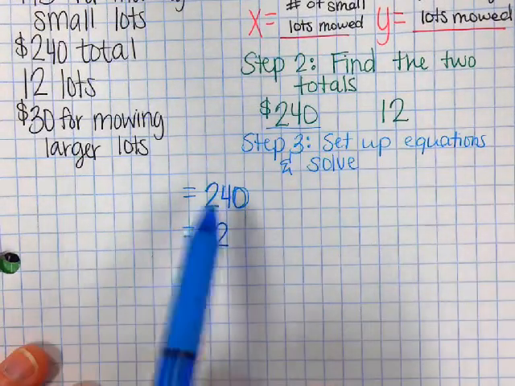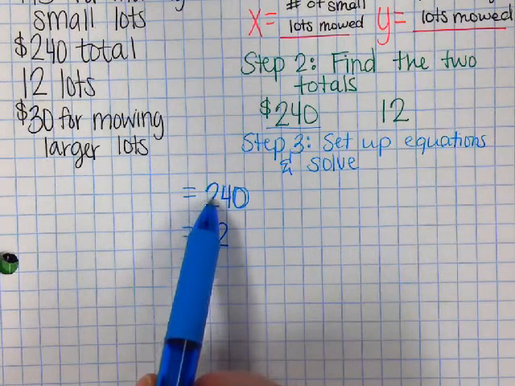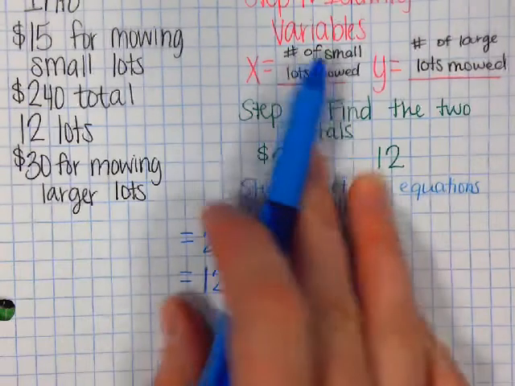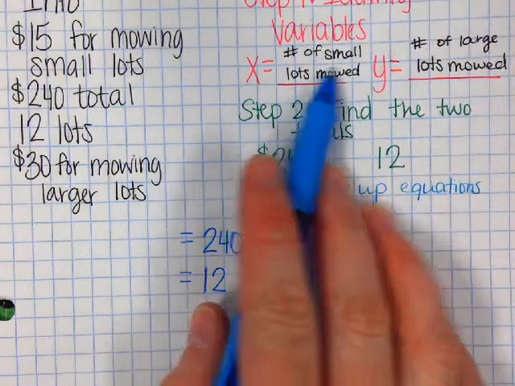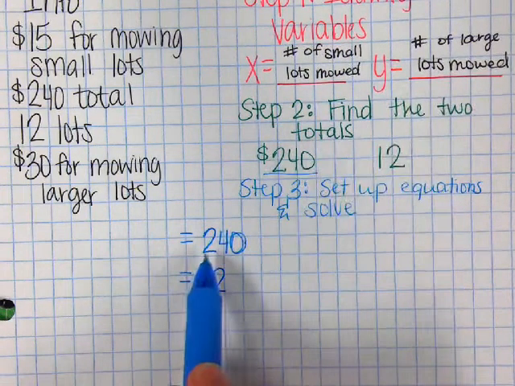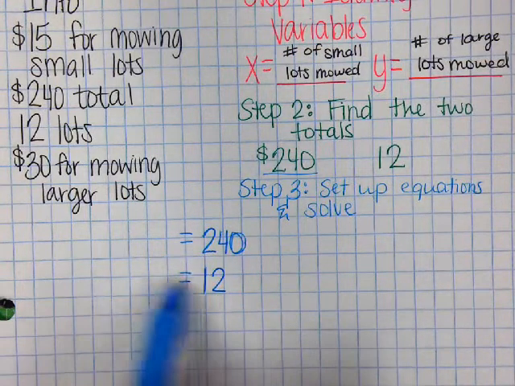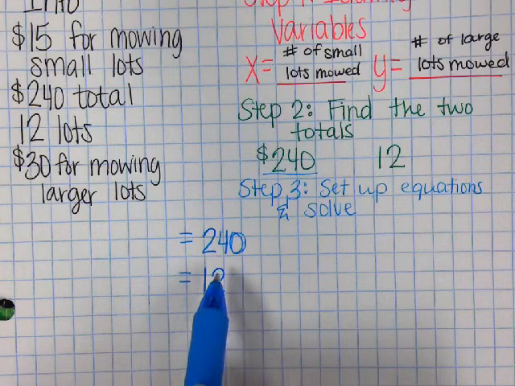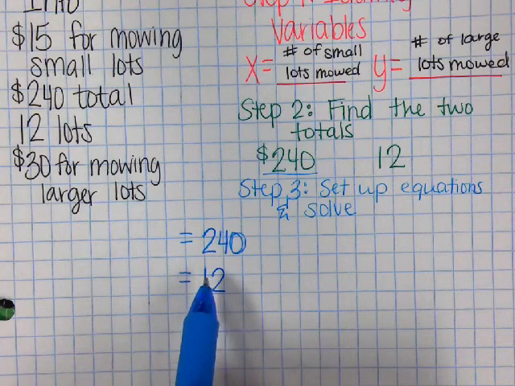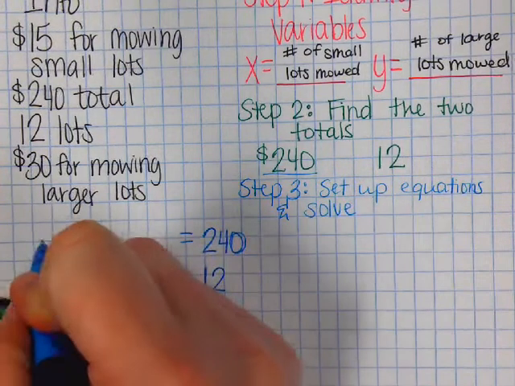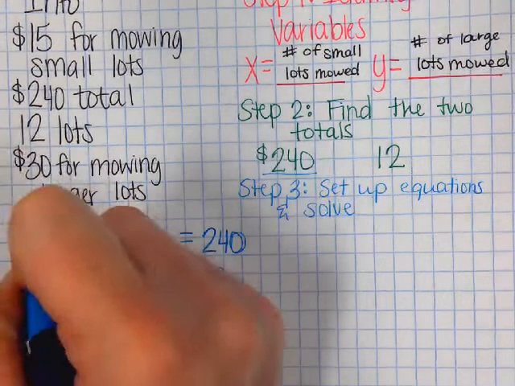All right. Now, this is talking about total money here. So when you're doing this, we need to talk about how much does each small lot cost plus how much does each large lot cost. You wouldn't want to put the dollar amounts with the 12 since that's not talking about money. So the money always stays with money. The number of lots plus the number of lots gives you the total. That will stay together. So it's $15 for a small lot.